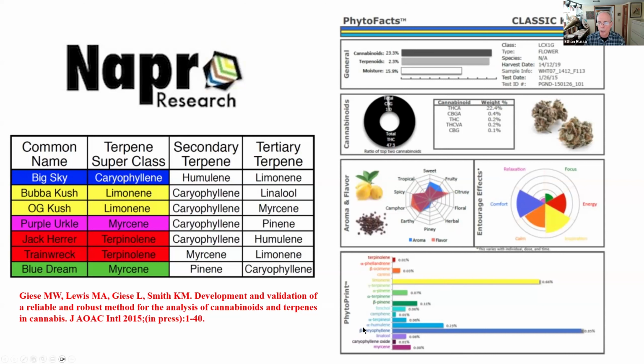You see that this one is beta-caryophyllene dominant with high degrees of limonene and low myrcene. The aroma and flavor, you see earthy, camphoraceous, spicy, citrusy. And very importantly, what consumers say about the effects. High in comfort, inspiration, whatever that means, calmness, but energy. So interesting profile.